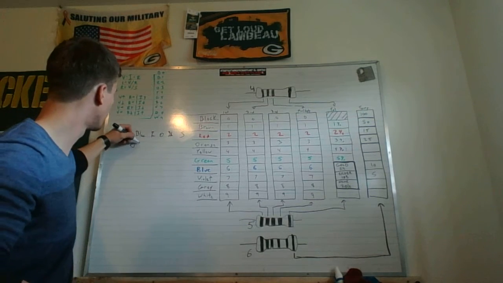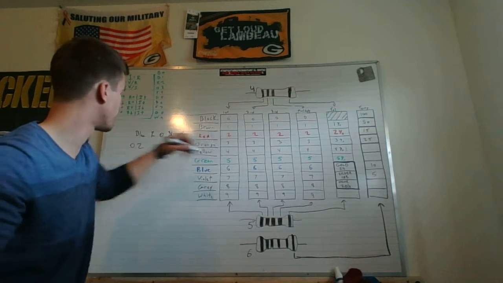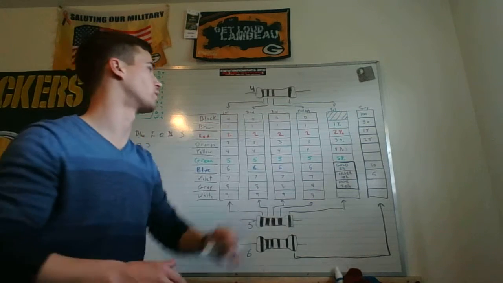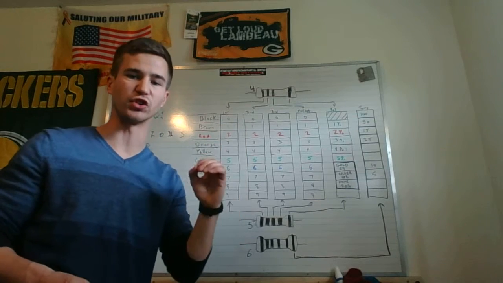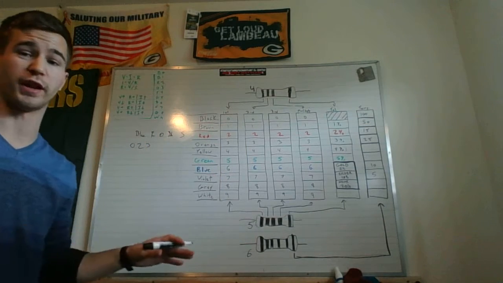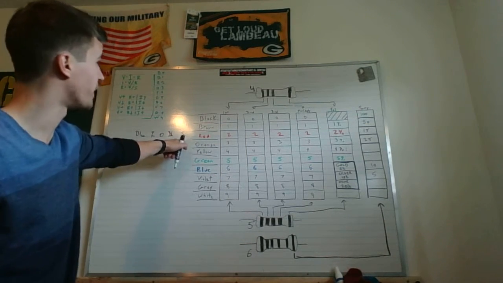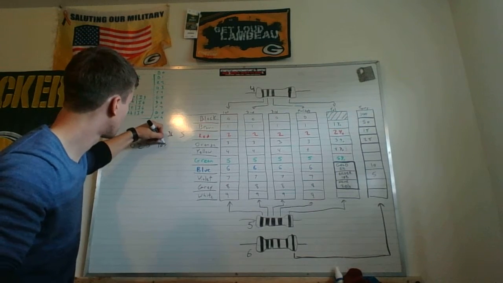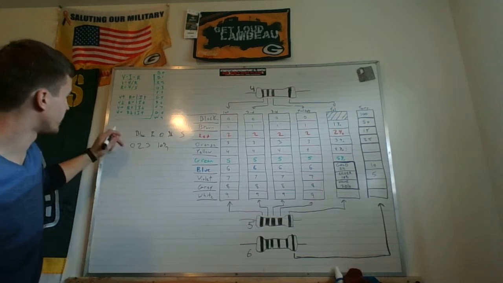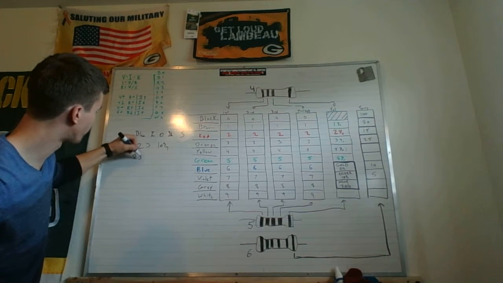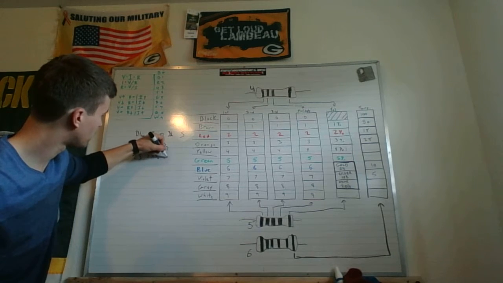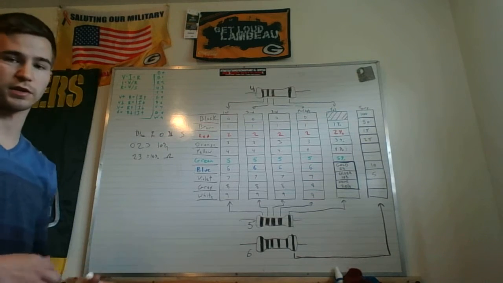Red is 2, orange is 3, and then black is 0. So we put 0 zeros on at the end of it, so we don't put any zeros on at the end. And then silver is 10% tolerance. So that means that is a 23 ohm resistor, plus or minus 10%.